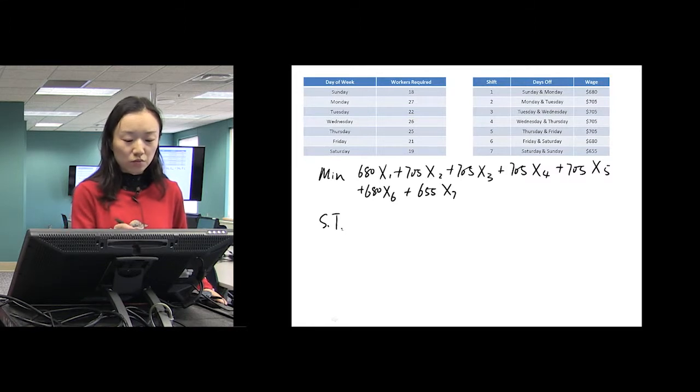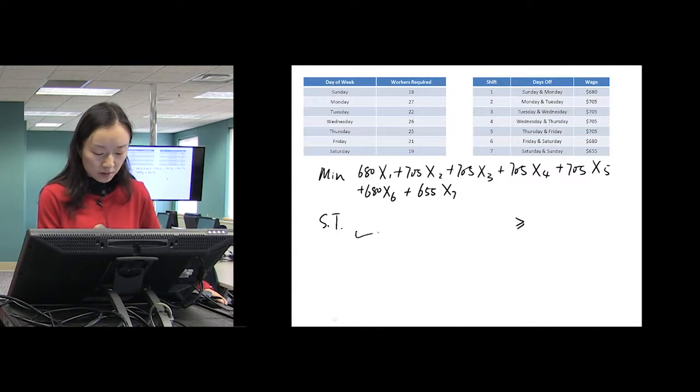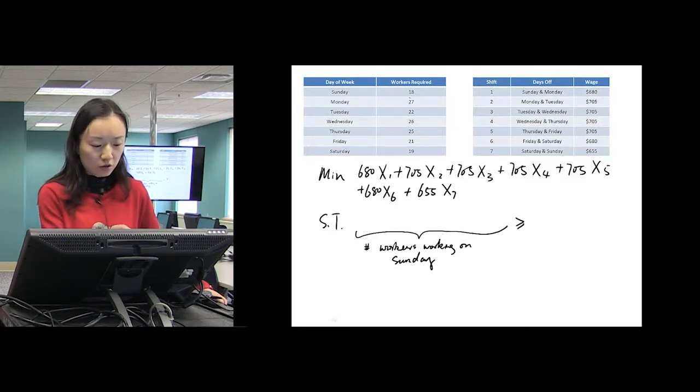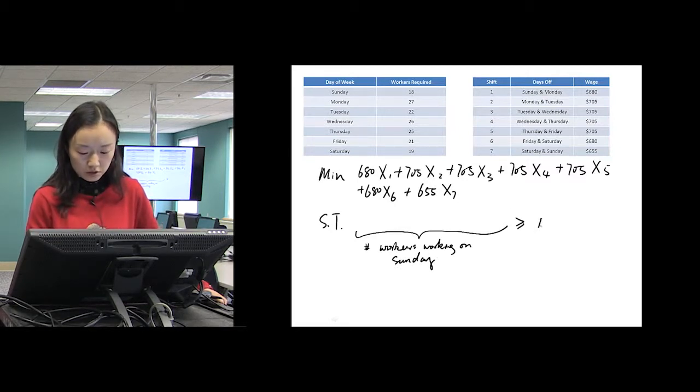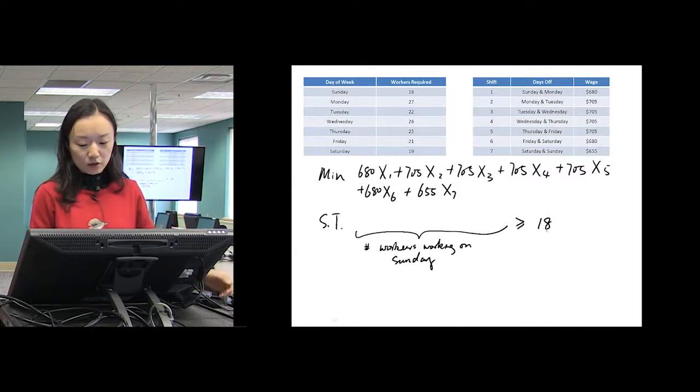Then let's think about the constraints. The constraint is to meet the workers required. That means the number of workers working on Sunday needs to be greater than or equal to the number of workers required, which is the right-hand side.